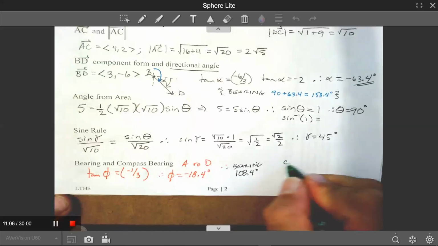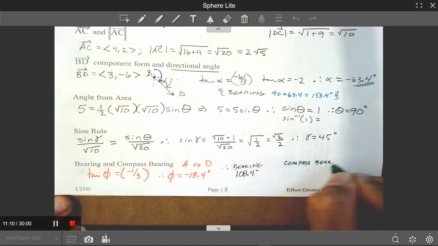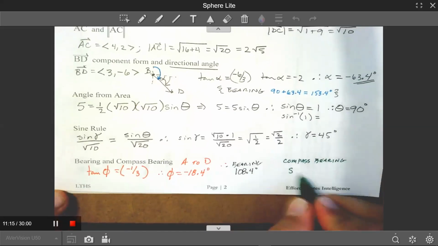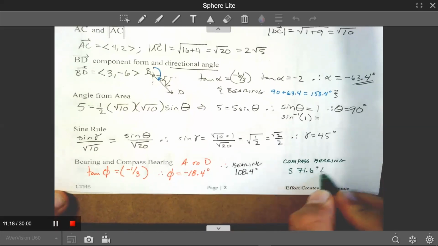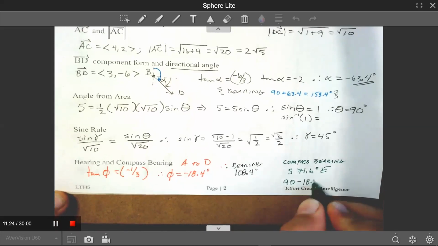The compass bearing, therefore, would have to be south 71.6 degrees east. How did we get that? Just by saying 90 minus 18.4.